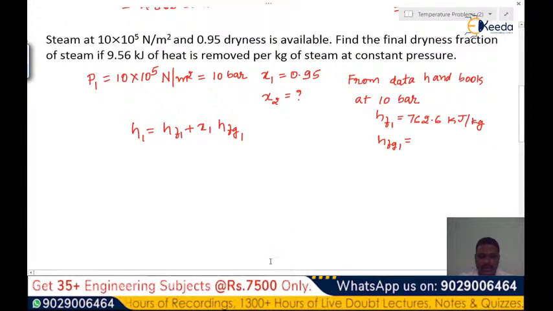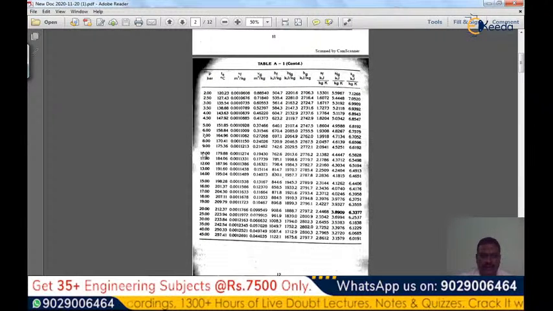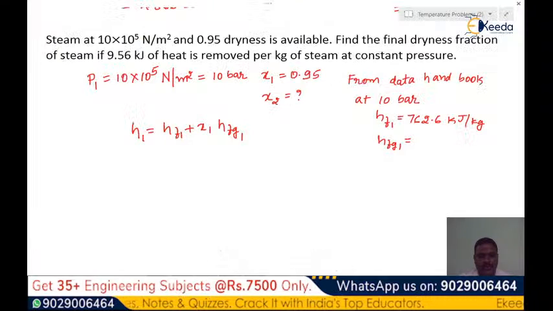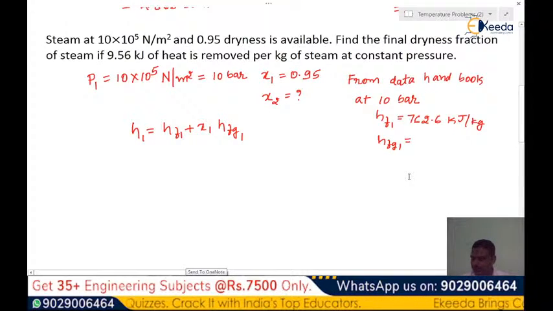Similarly, HFG1. At 10 bar, this is HFG. It is 2013.6 kilojoules per kg.